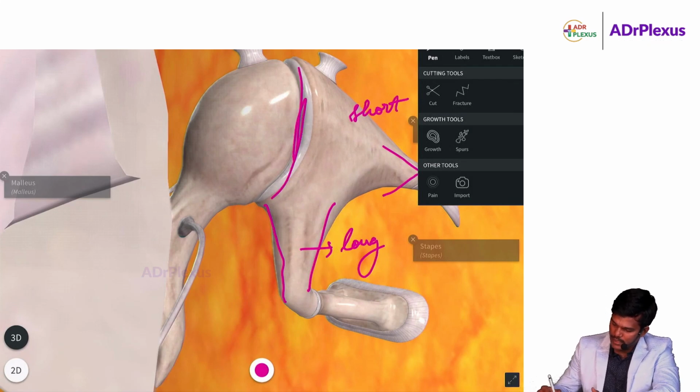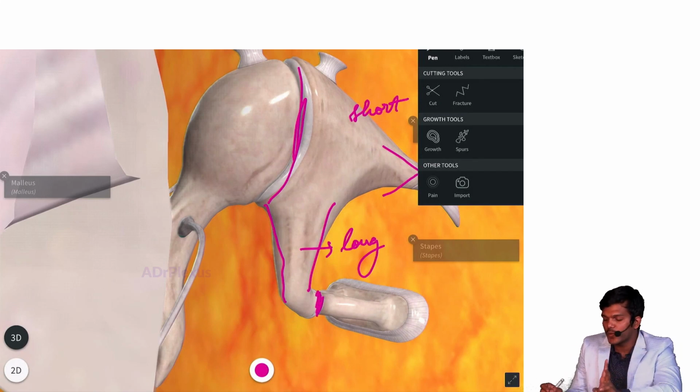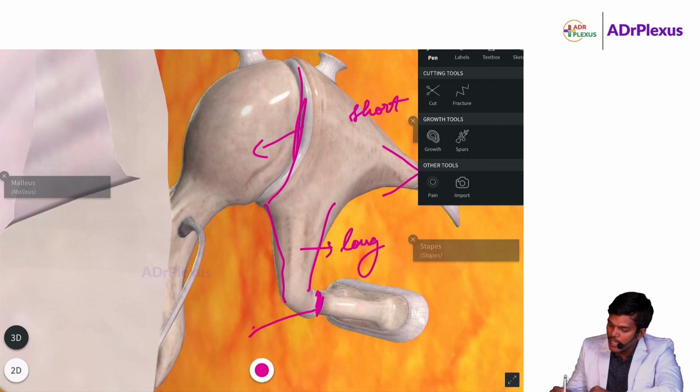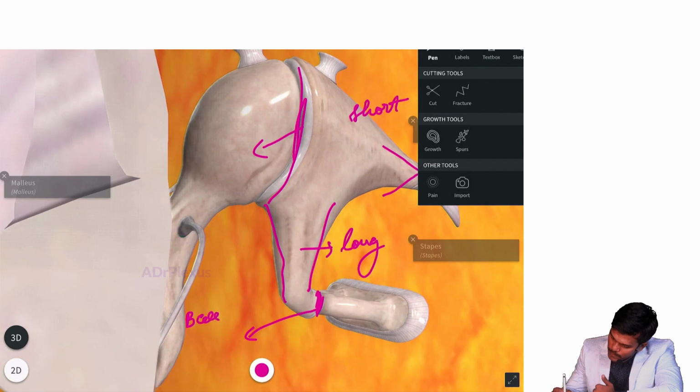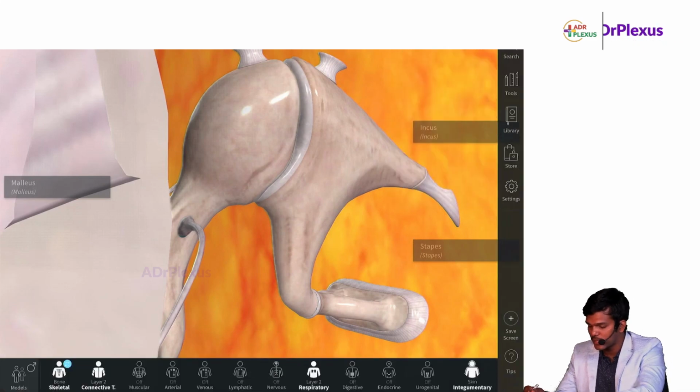This is the facet for malleus, this is the facet for stapes. So incus is the only bone which is giving two facets for two other ossicles. The facet joining with the malleus is the saddle type of joint. The one joining with the stapes is a ball and socket variety of joint. That completes incus parts. We'll also complete the stapes here.